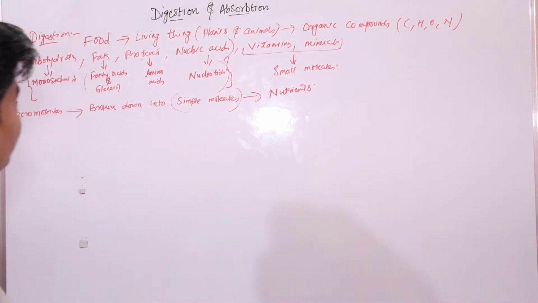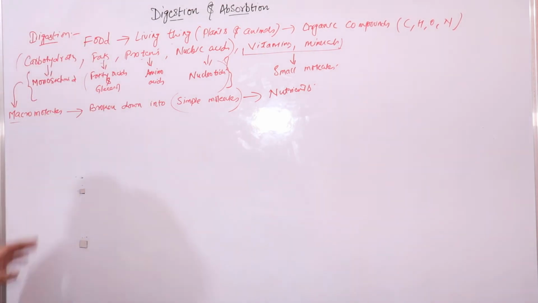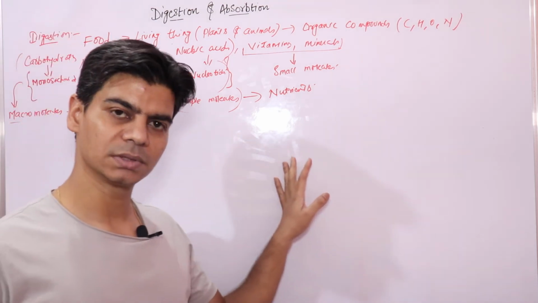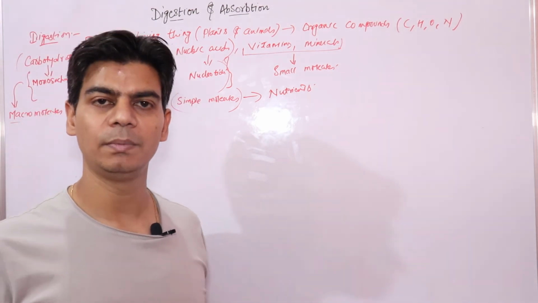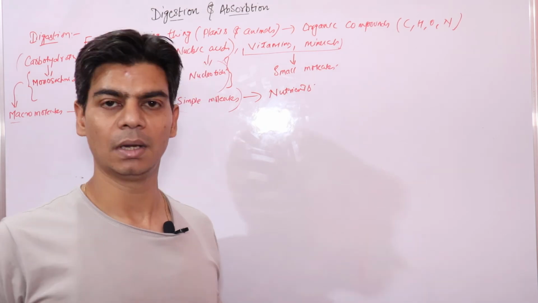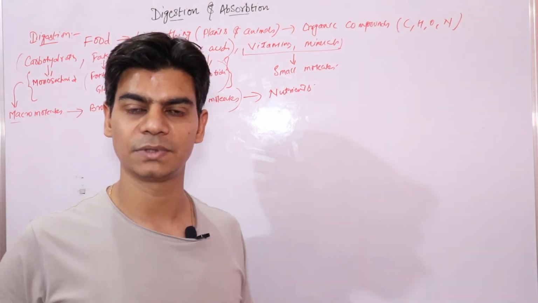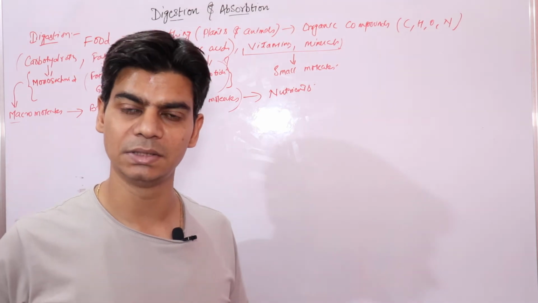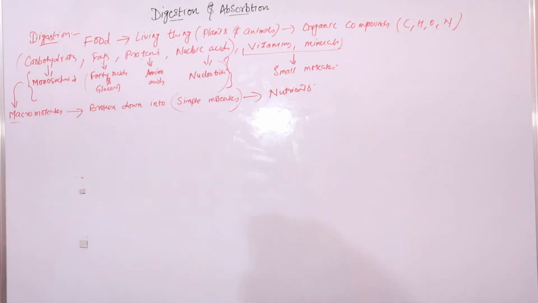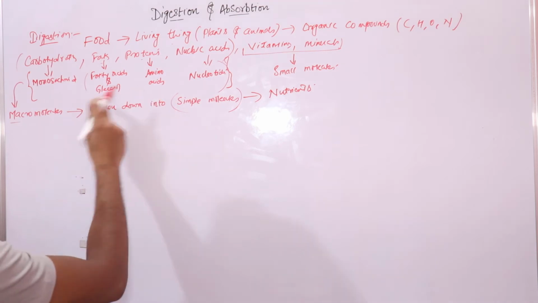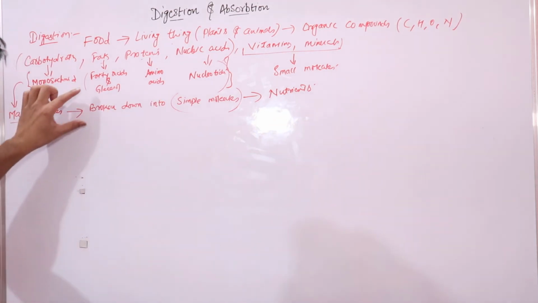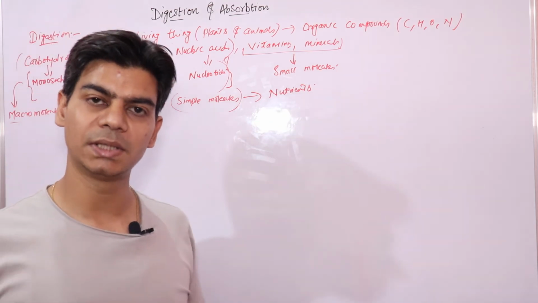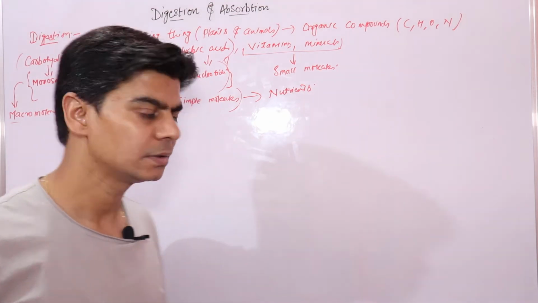Now we said that these macromolecules need to be broken down into simpler molecules. How would they be broken down? By our complex digestive system, our complex gastrointestinal tract, the GI tract. This breakdown of complex molecules into simpler molecules is done by our GI tract.